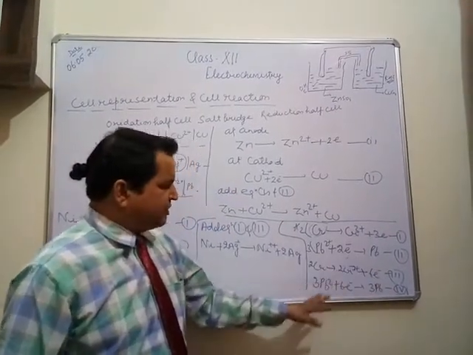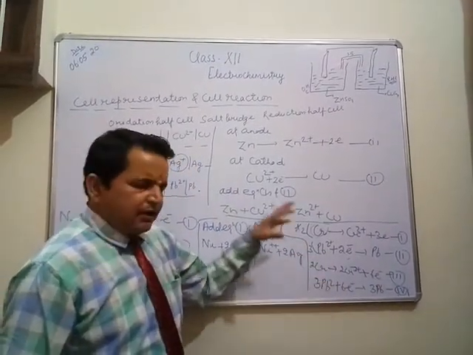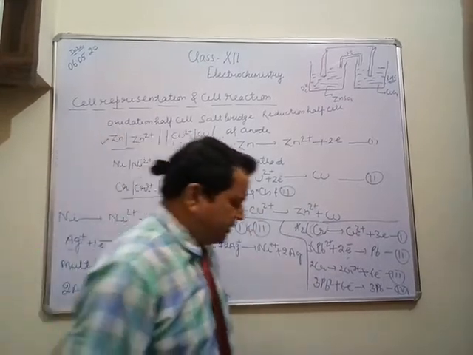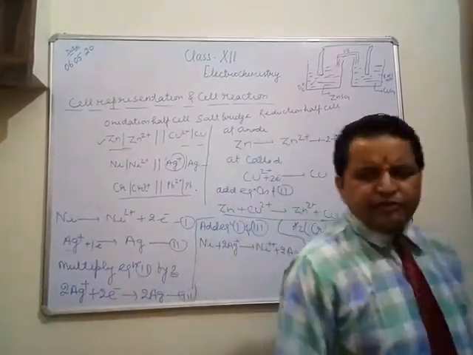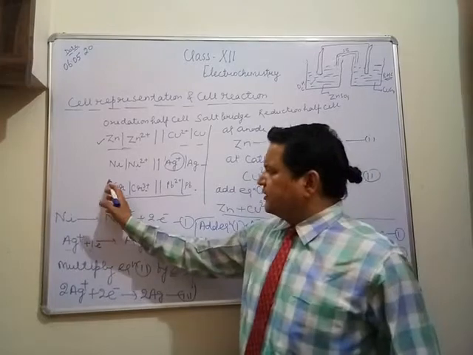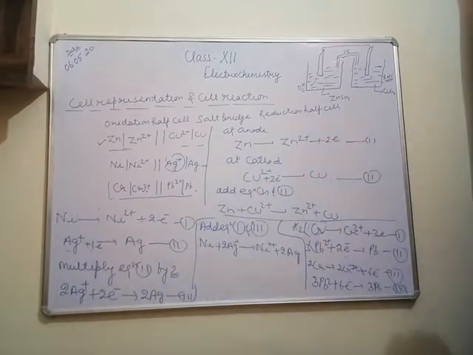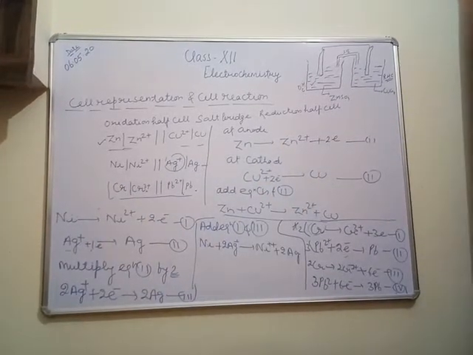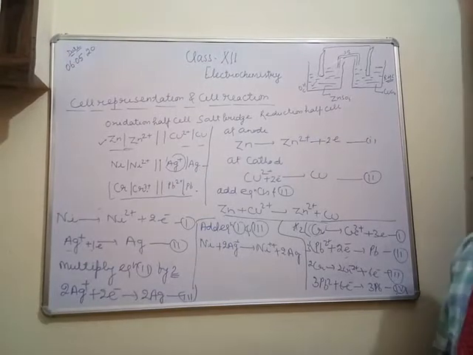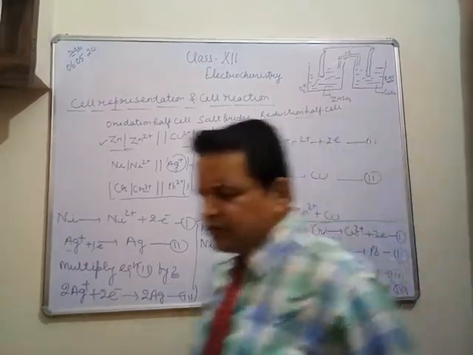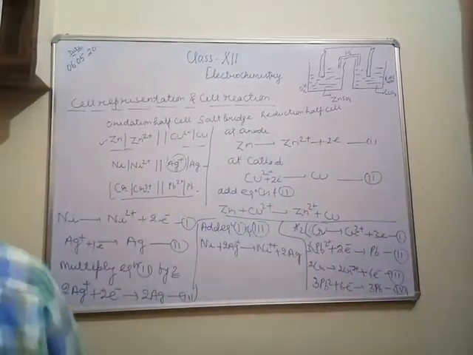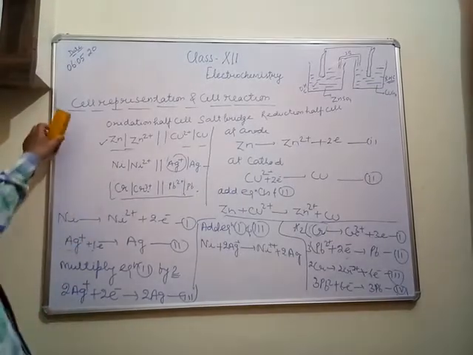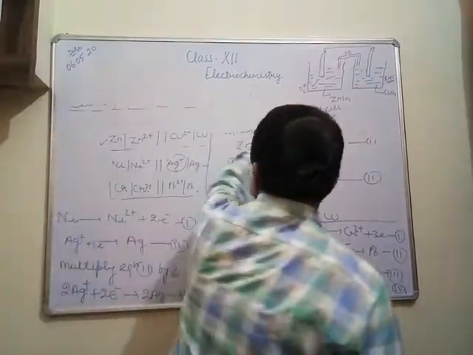Those electrons will be cancelled out and then we will add, and the resulting reaction will be the cell reaction of this particular cell. So in this topic we have discussed how we represent the cell and how we write down the cell reaction. This was about the representation of cell and cell reaction.